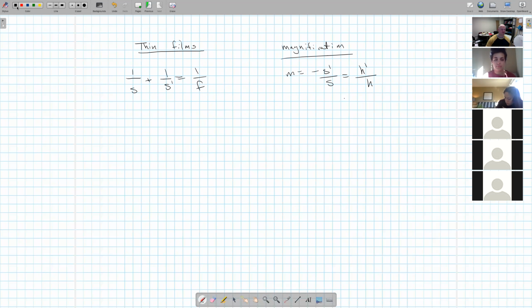Here, this also has sign rules. The sign rules are pretty much exactly the same, but we'll write them down anyways. So, sign rules. Number 1, the focal length is positive if we have a converging lens, negative for a diverging lens.